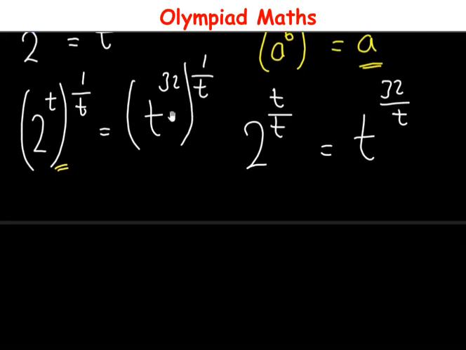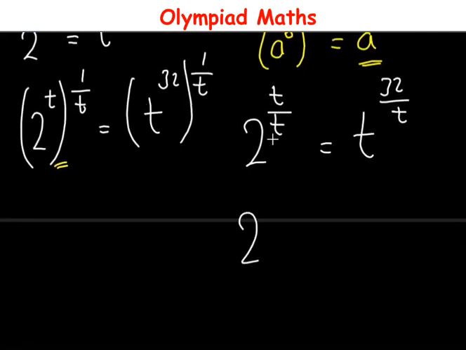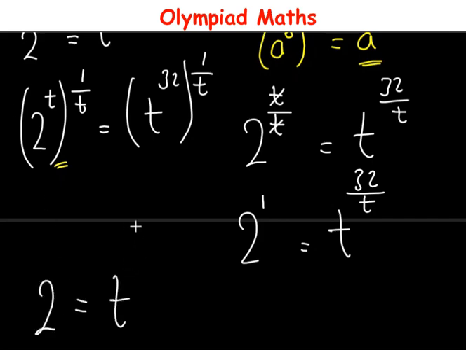So with this, 2 raised to power t divided by t, we have 1, is equal to t raised to power 32 over t. And from here, 2 raised to power 1, the value is 2, which equals t raised to power 32 over t.